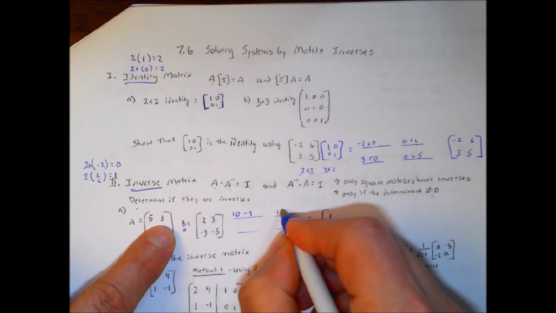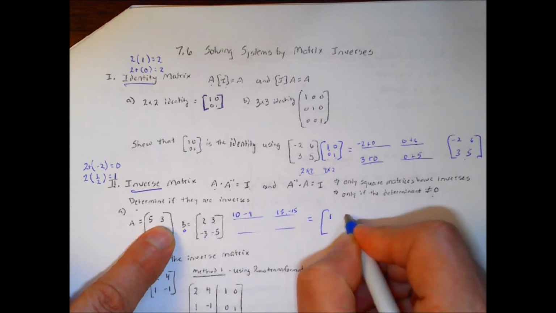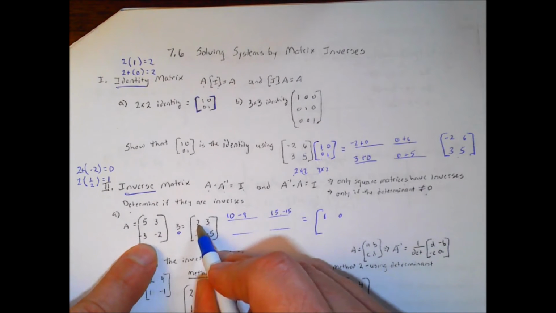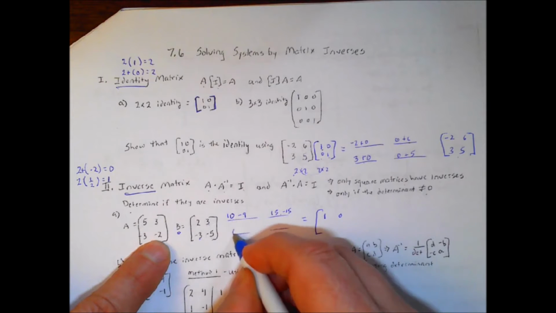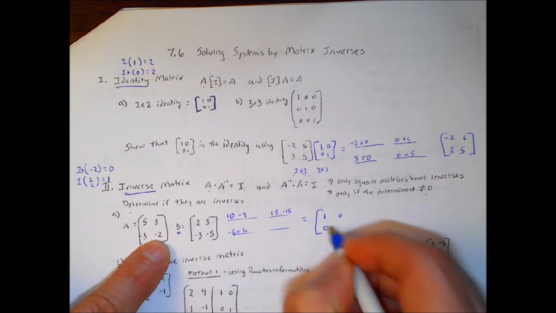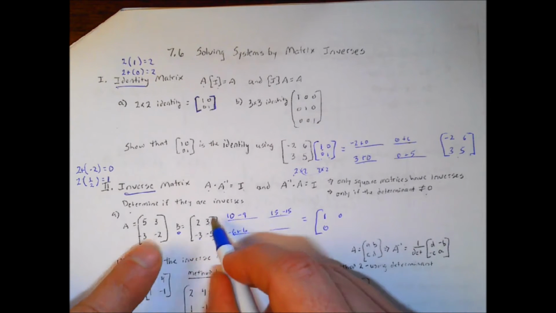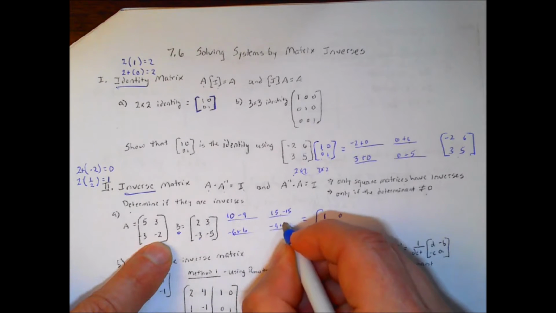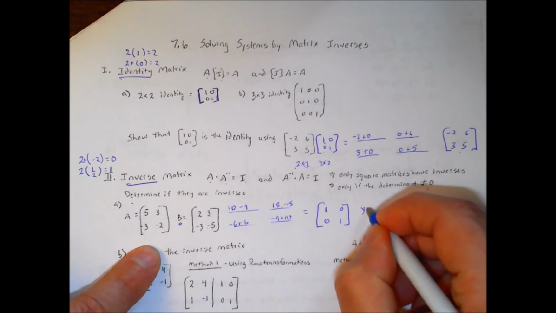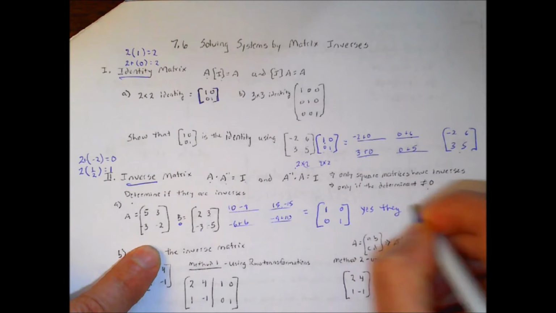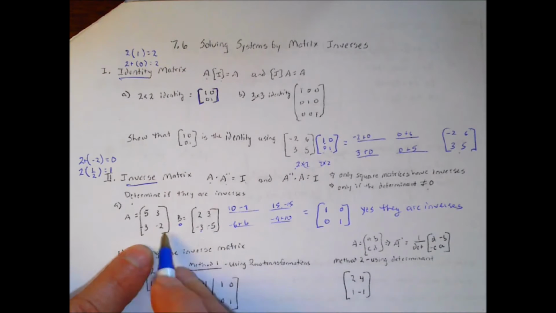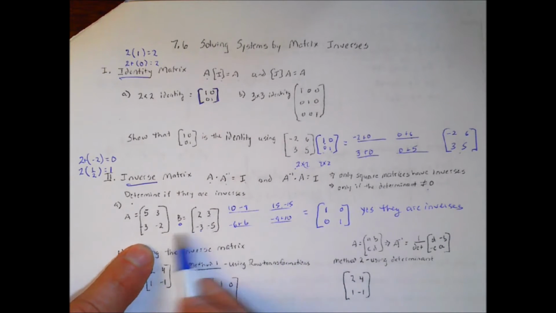Here and here, negative 6 and 6, which is 0. And here, negative 9 plus 10, which is 1. So yes, they are inverses of each other, because when I multiply them together, it equals the identity matrix that we talked about up there.